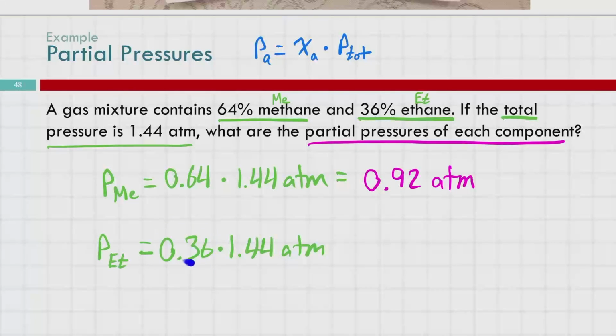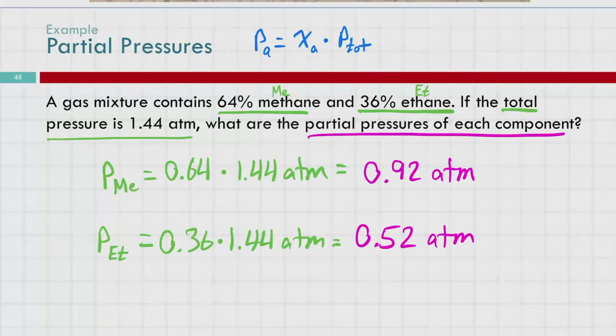Our fractional composition times our total pressure. And this should be the rest of the total pressure. So 0.52 atmospheres. Generally, when you add up these partial pressures, it should add up to about the total pressure. It's sometimes going to be off by a little bit because of rounding, but it should add up to about 1.44 atmospheres in this case.